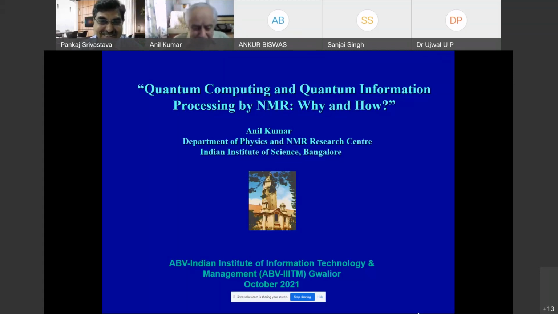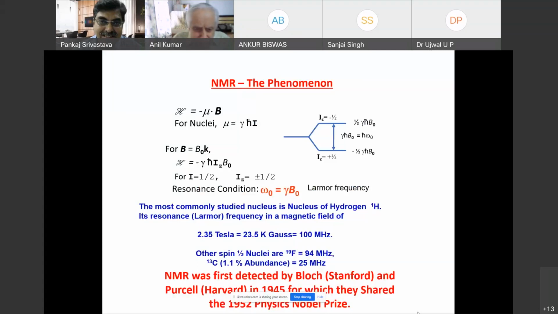Okay, today I'm talking about quantum computing and quantum information processing by NMR. Why and how? Let's begin. The NMR phenomenon: the Hamiltonian is minus mu dot B. The mu, the magnetic moment for a nucleus, is gamma h cross I, and B is the magnetic field.